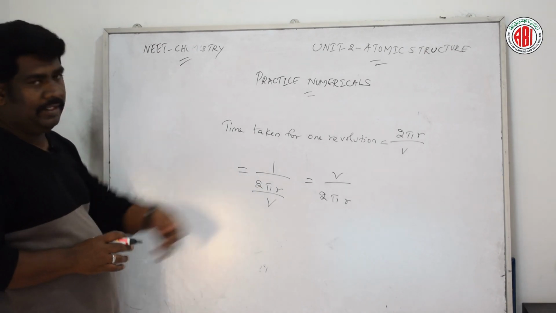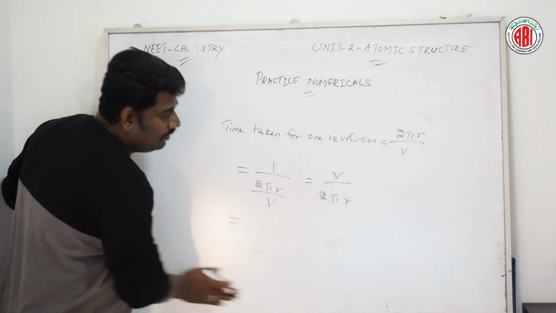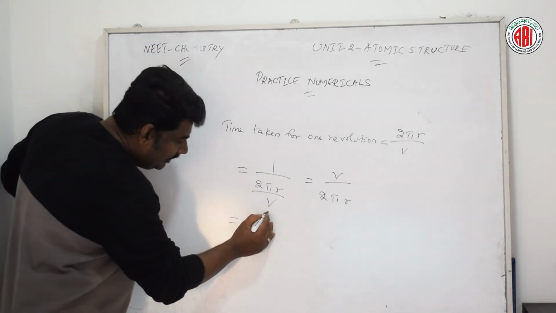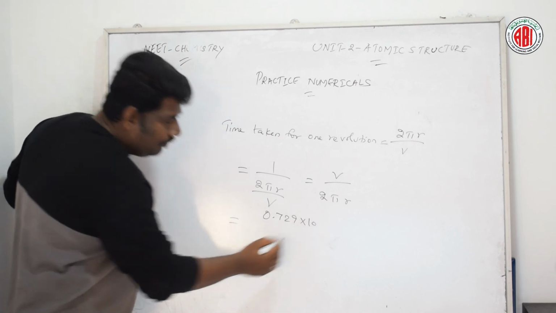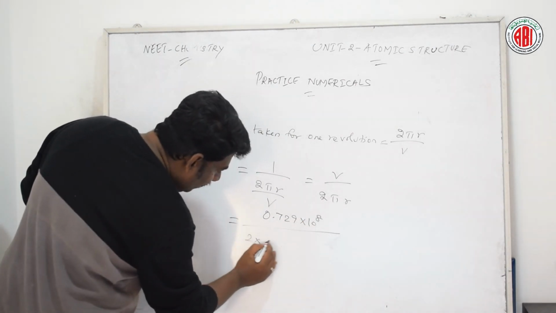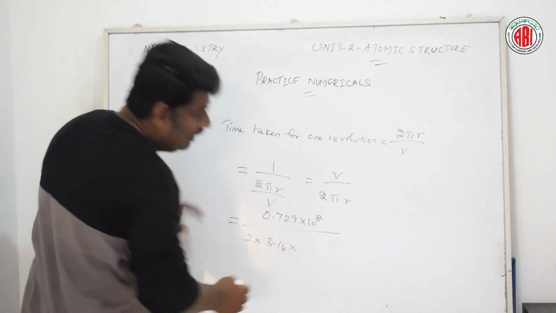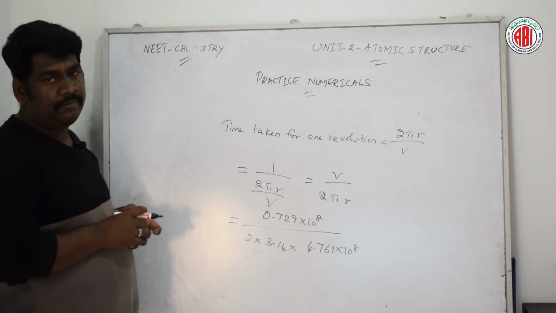Now applying the values, the v value is 0.729 into 10 to the power of 8 by 2 into pi value 3.14 into radius value 4.761 into 10 to the power of minus 8.